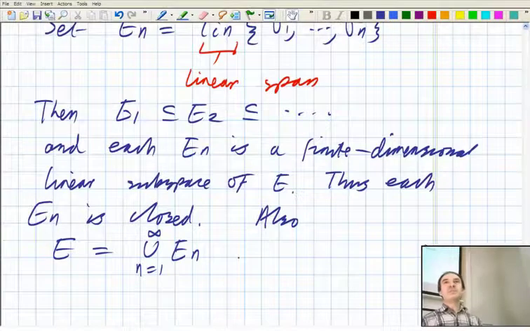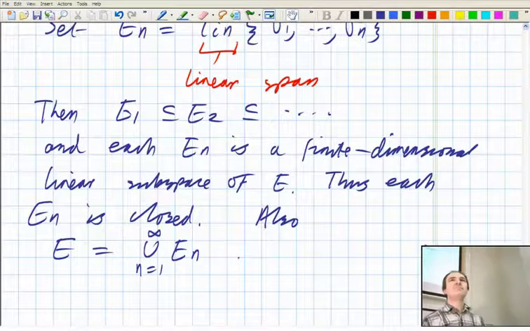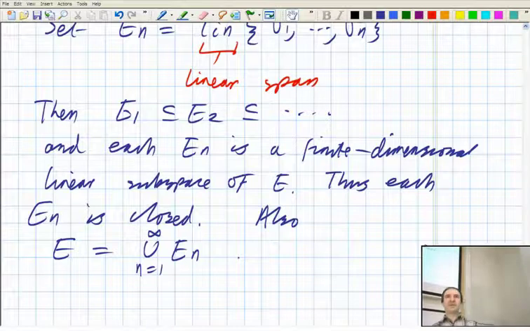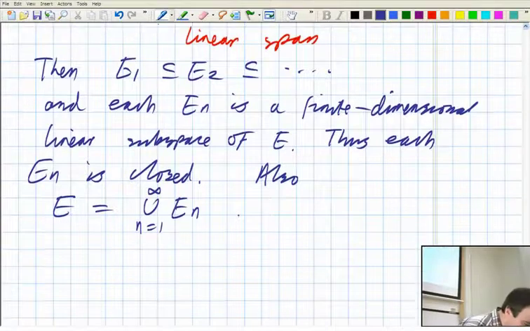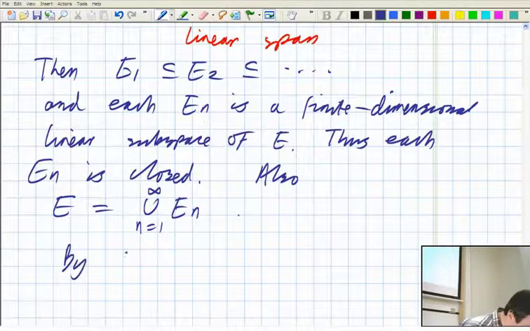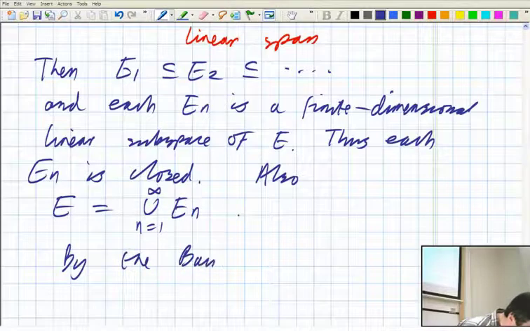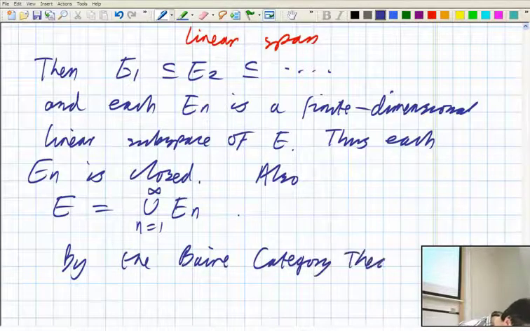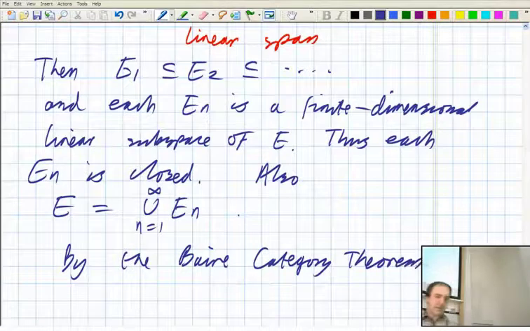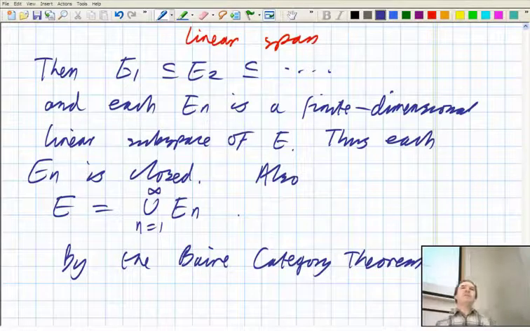E we've assumed to be a complete metric space. What does the Baire category theorem tell us? This is the union of closed sets version of the Baire category theorem, which is quite a useful version of it. So by the Baire category theorem, it's the most useful one in this module.